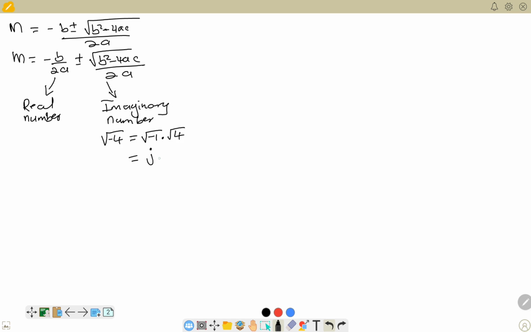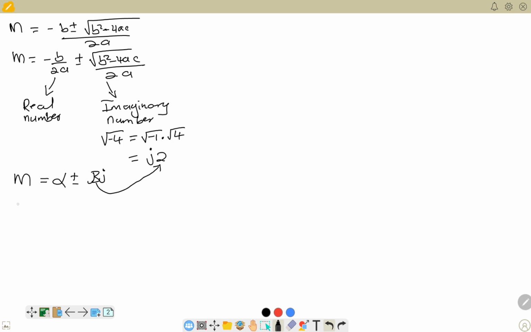And then the square root of 4 is 2. So when you are solving the differential equation, that part with a real number will represent alpha, then plus or minus, that part with the imaginary number will represent beta j. So beta is actually 2 in this case.